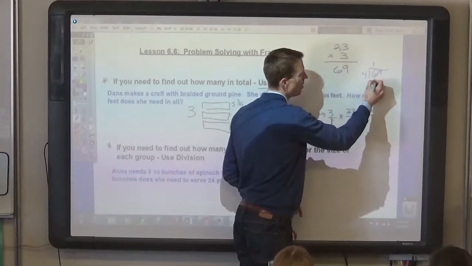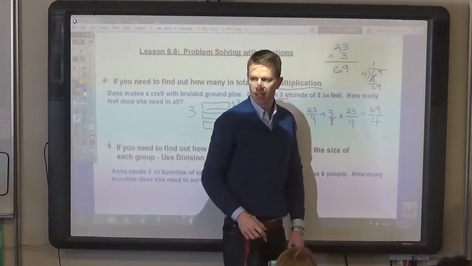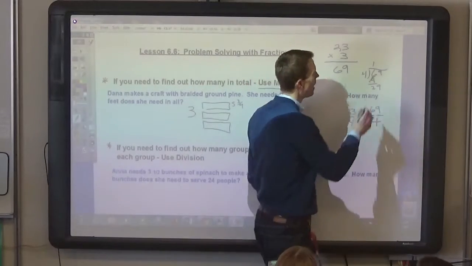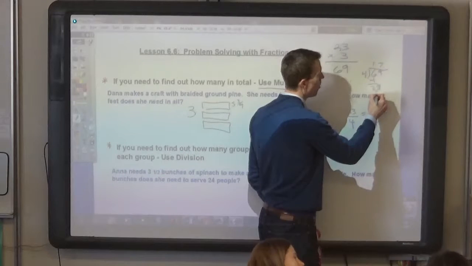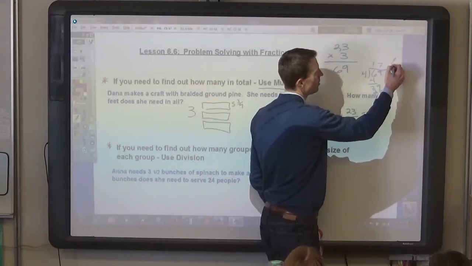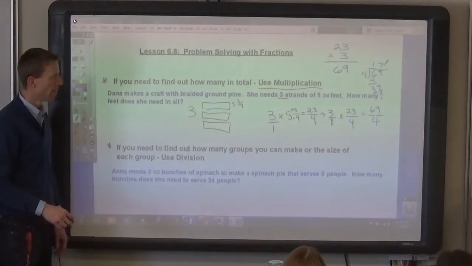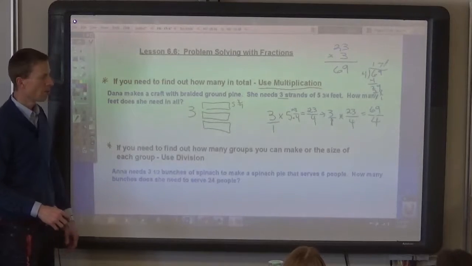Remainder 2. Bring down the 9. 4 goes into 29 7 times. 7 times 4 is 28. Remainder 1. So it's 17 1/4 is the answer to what we've been doing.